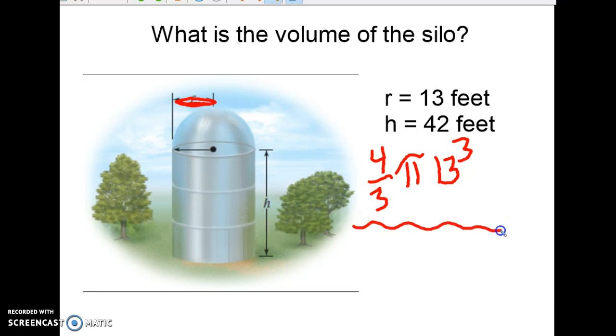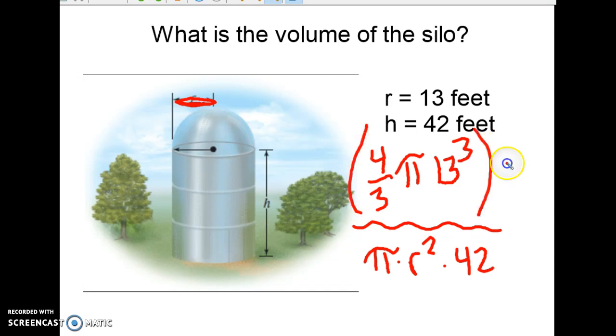Now my formula to find the volume of a cylinder is I'm going to find the area of the circle, which is pi times the radius squared, and then I have to multiply it by the height, which in this case is 42. So we need to find the answers to both of those. So let's start with the volume of the hemisphere. You may have noticed I have a formula for a sphere, but in order to find the hemisphere, I need to divide it by 2.